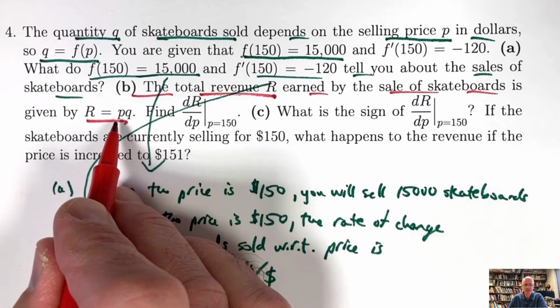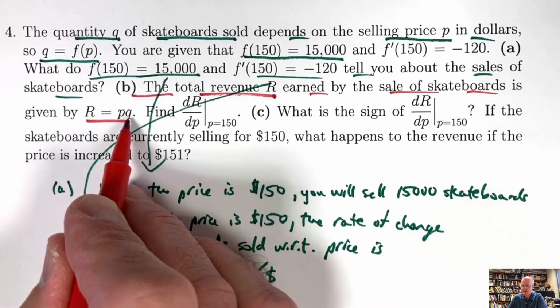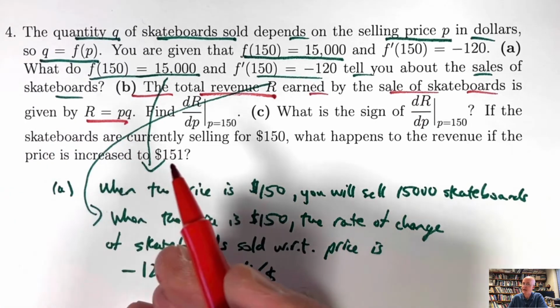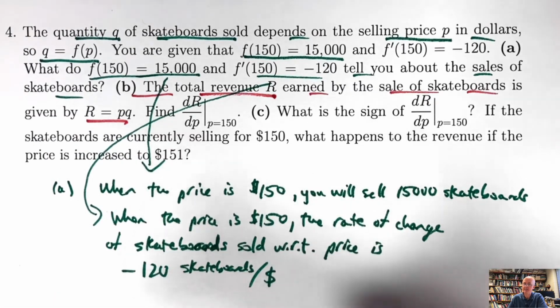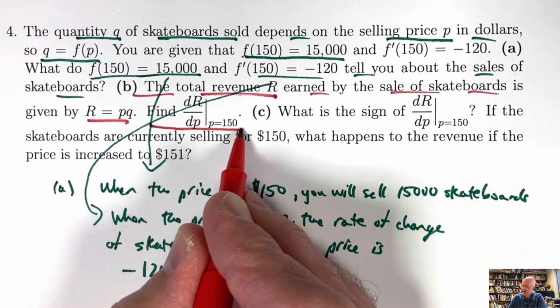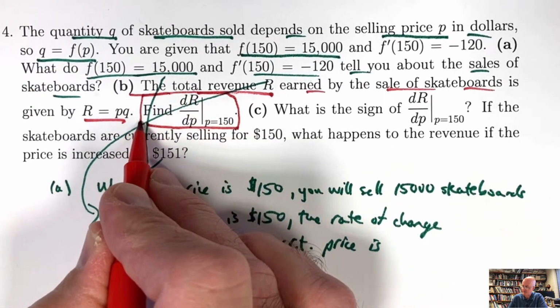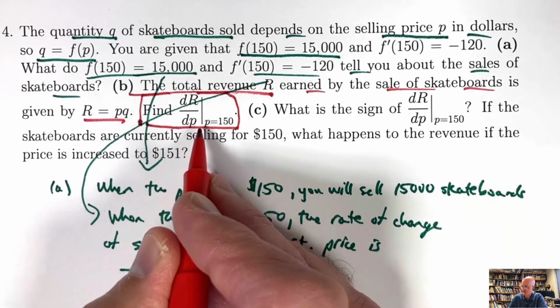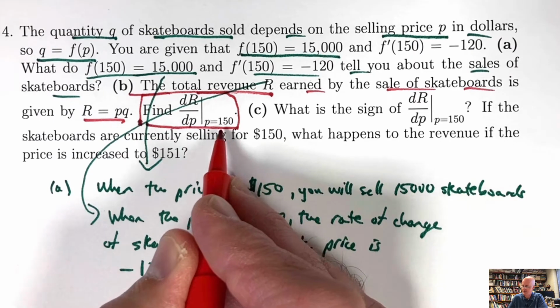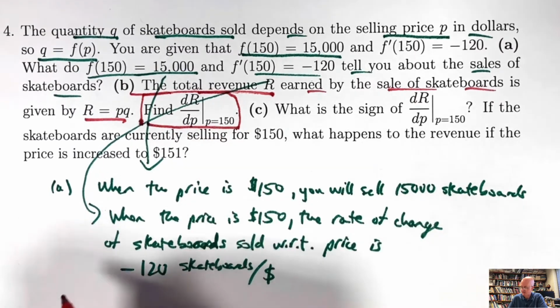In fact, it's probably better to think of the units of P here as dollars per skateboard times number of skateboards. The skateboard units would cancel, leaving you with dollars. This is an amount of money. It says find dR/dP at P equals 150. This line means evaluated at P equals 150. This is the Leibniz notation for the derivative.